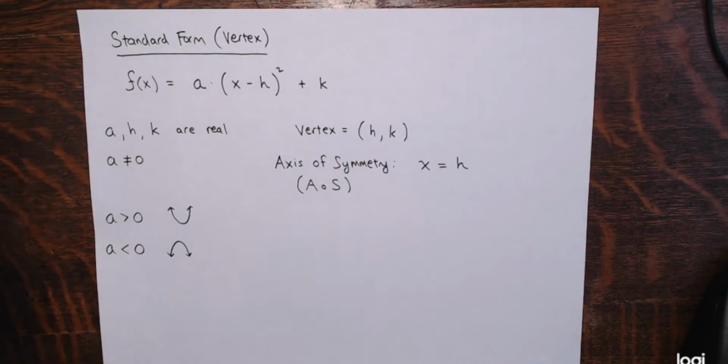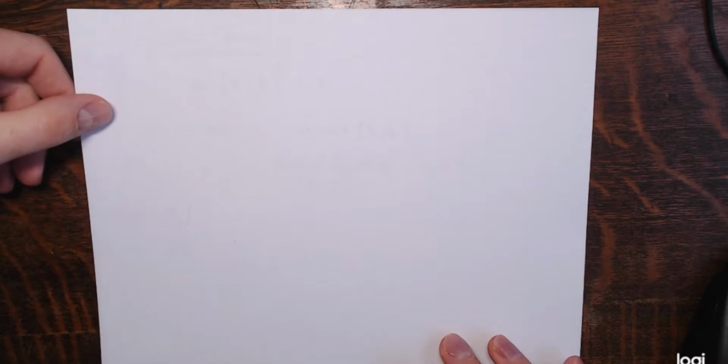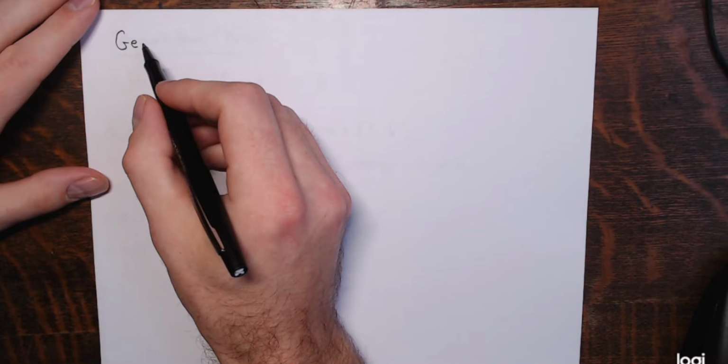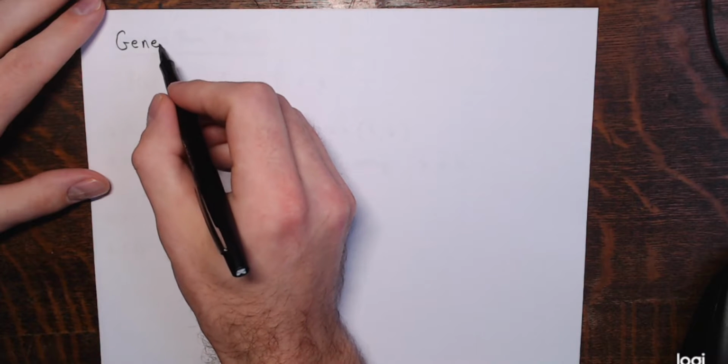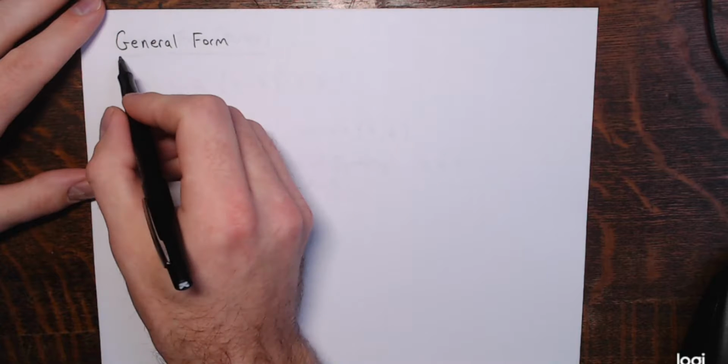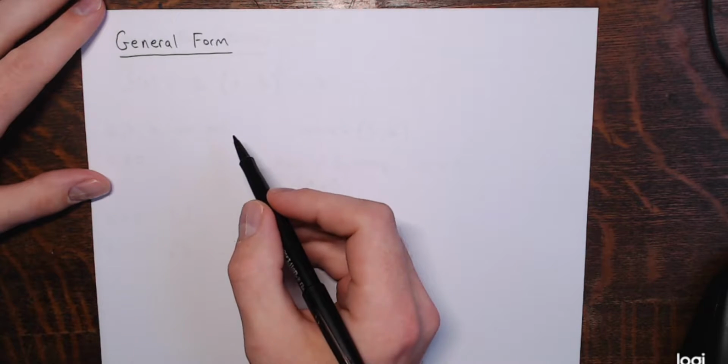Now the other form, again just to refresh your memory from section 5.1 part 1, was the general form of a quadratic function, or the equation of a parabola.